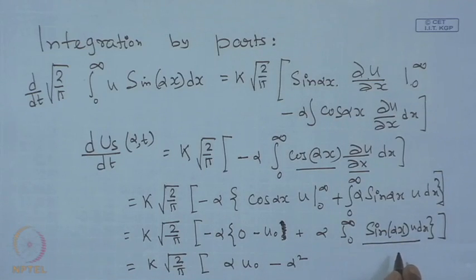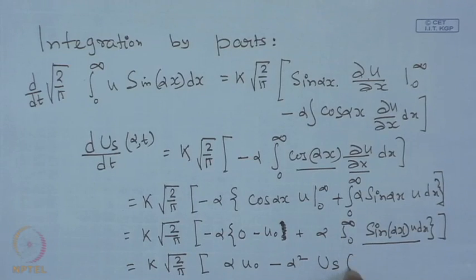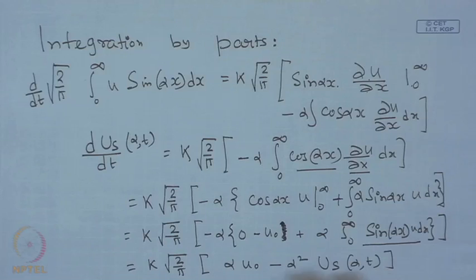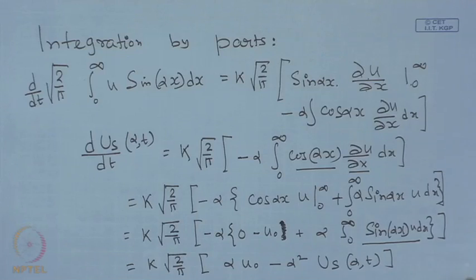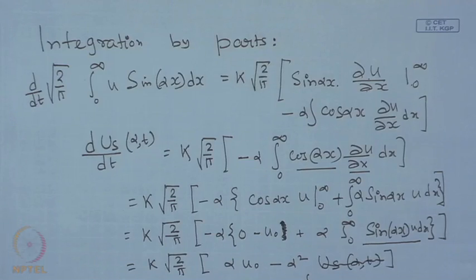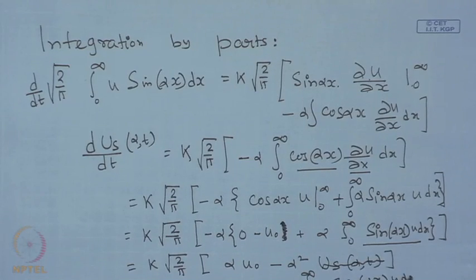This is nothing but the sine transform of u. So, this becomes u s of alpha, t, but still now it is not u s, until it is multiplied by root over 2 by pi. So, I write this integral here, 0 to infinity sine alpha x u dx.